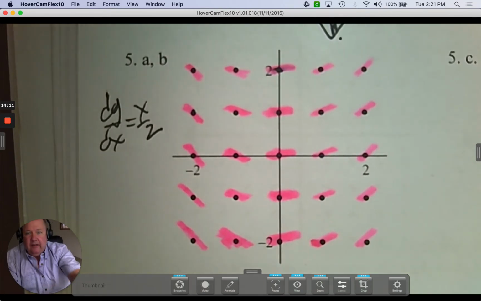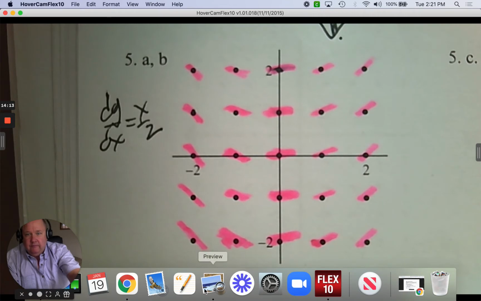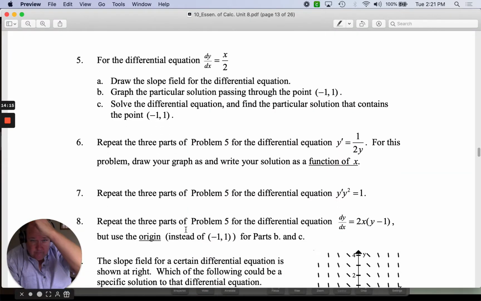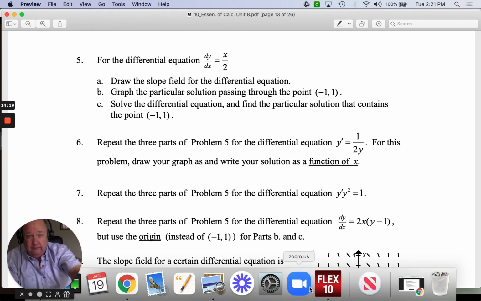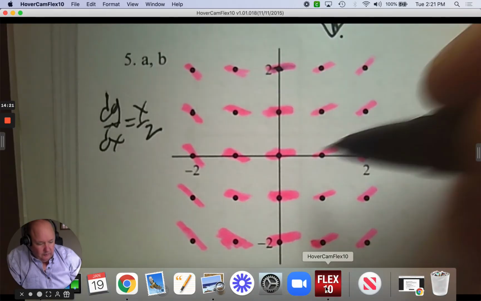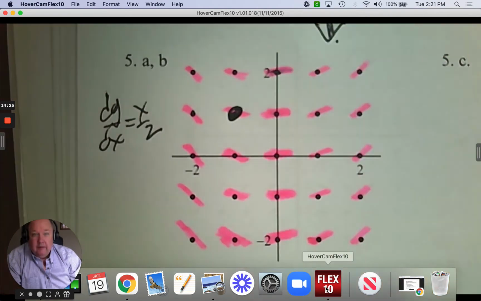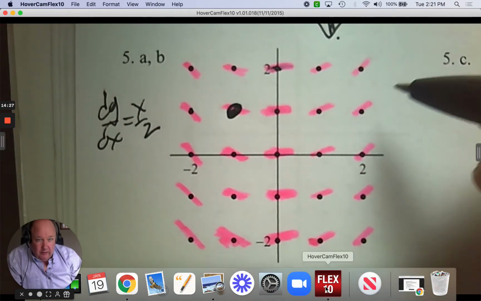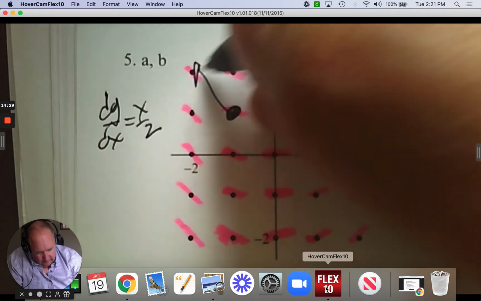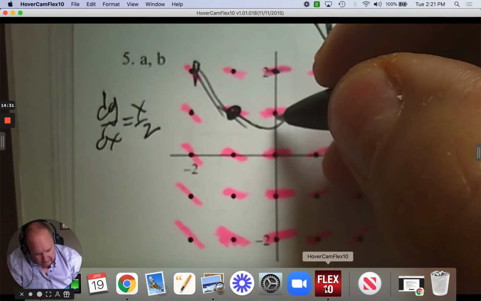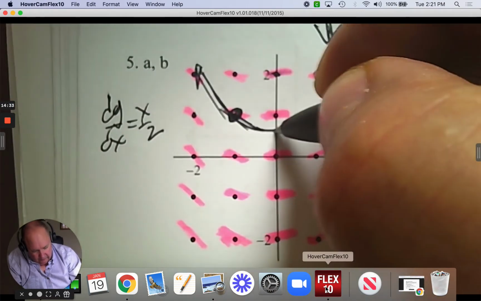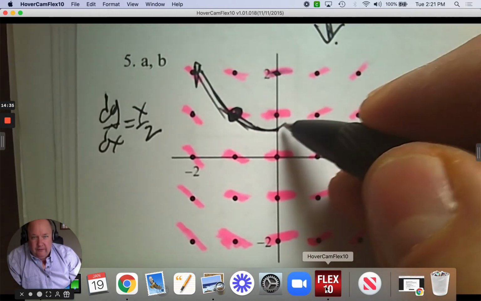Then, the next part. Draw the solution through -1, +1. So -1 and +1, that would be right here. And so what direction is it going? Can you get a sense of it? Now once it curves to here, along this axis is a turning point.